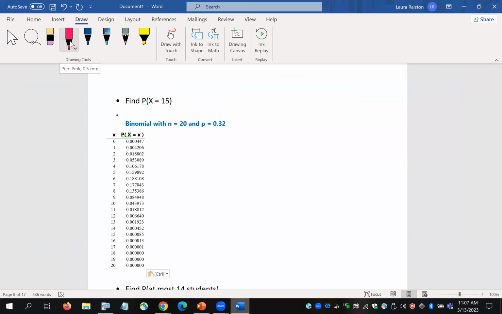So I'm going down the X column till I get to 15. And the value next to 15 is my answer. So the probability that exactly 15 students volunteer is this really, really small number. It's 0.000085.